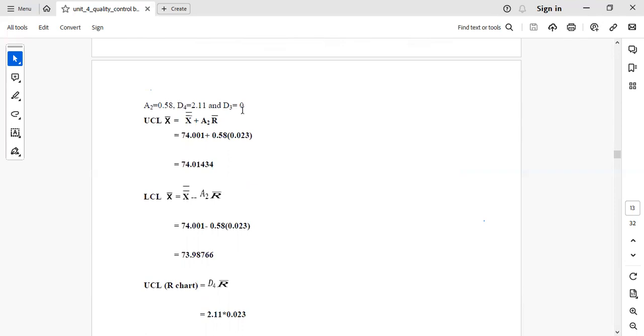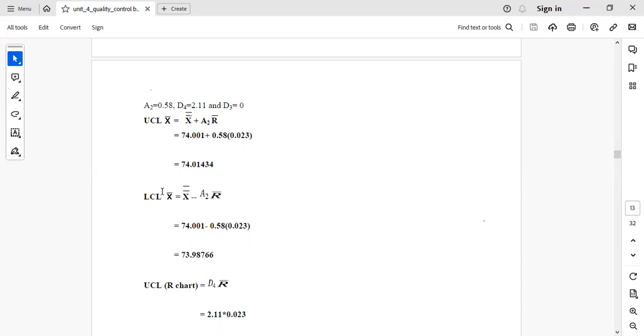So instead of giving out the table of the constants for the SQC, we give the constants. And therefore now you can easily get the control limits for the X bar. So this will give you the control limits for the X bar. So you can see we have the mean of the means plus the A2, then R bar.